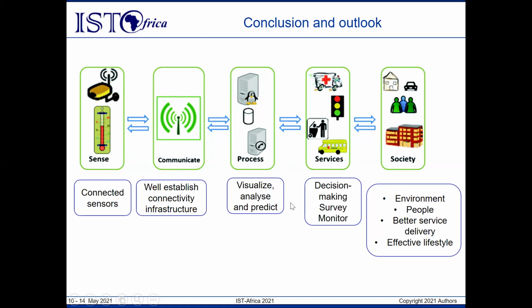We can also do a survey, or we can do monitoring of those objects. So who is going to benefit at the end of the day? It's the environment, it's the people, it's better service, maybe for buildings, for cars, traffic, other services, and we can have an effective lifestyle.